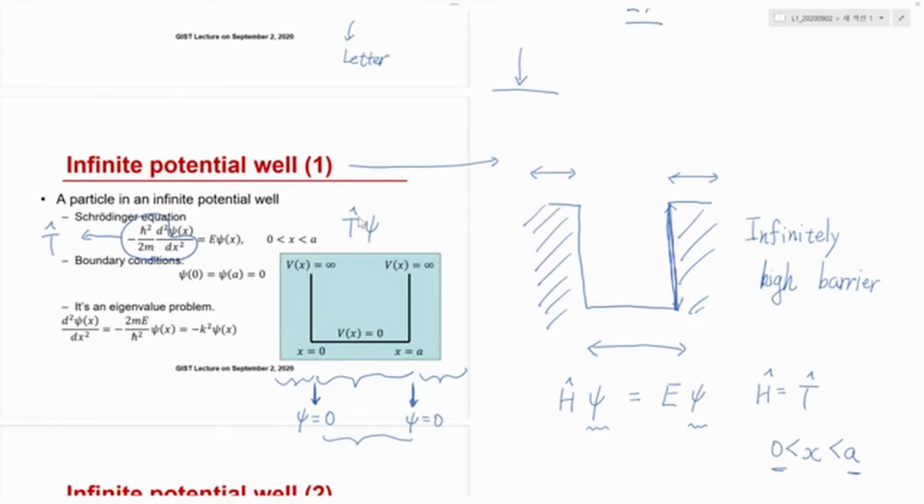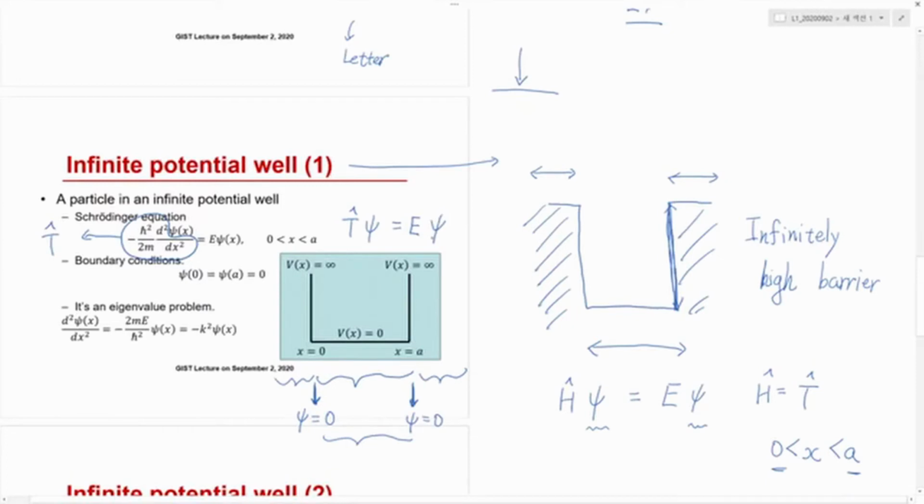Now this form shown in the slide just says that the kinetic energy operator applied on the wave function gives a certain eigenenergy E times psi.